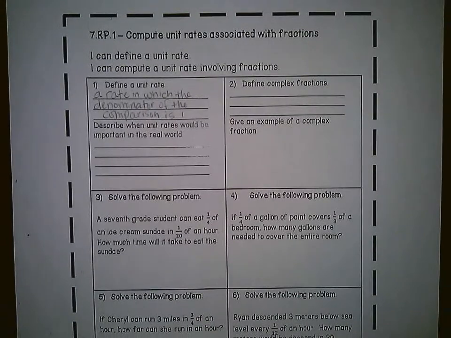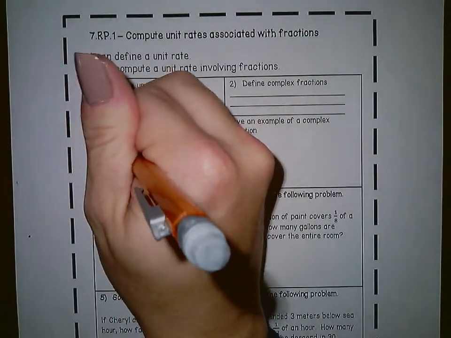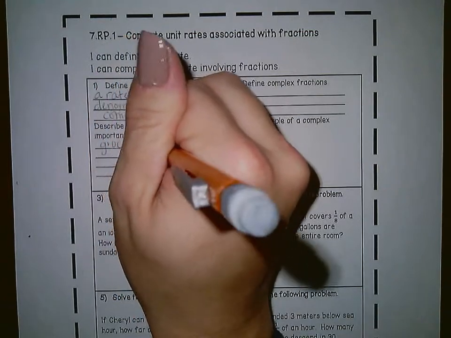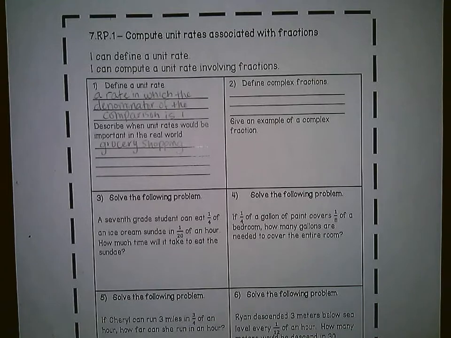If you think about where a unit rate is used in the real world, you could think about grocery shopping. You could be thinking about how much each ounce costs if you're trying to compare the cost of laundry detergent per ounce, or blueberry prices and the cost per ounce of blueberries, or whatever it may be.